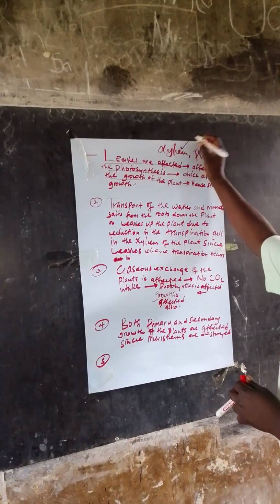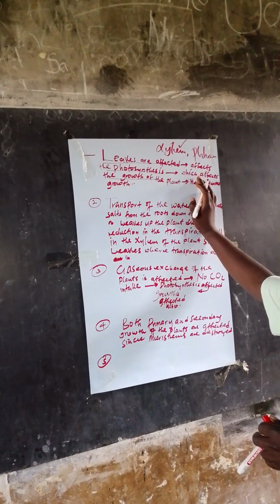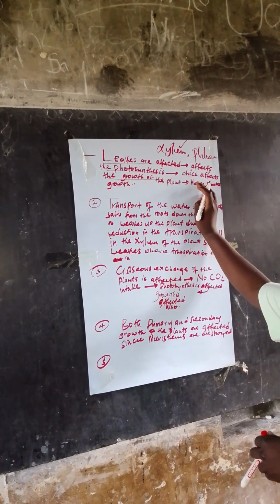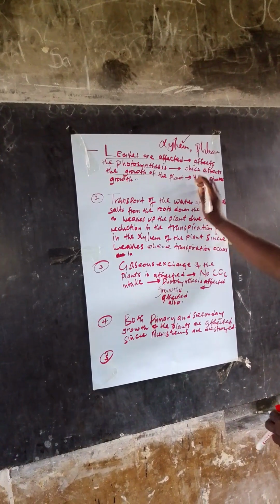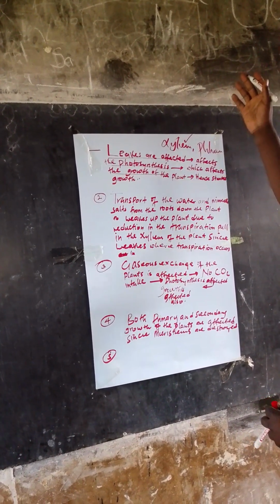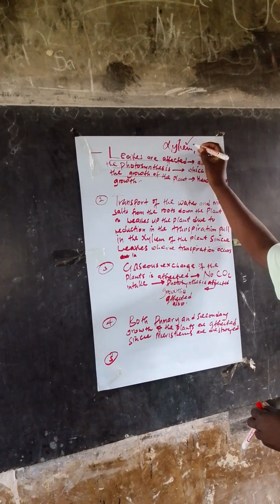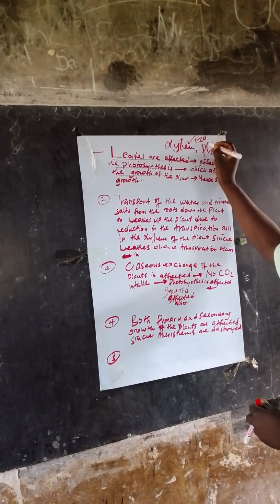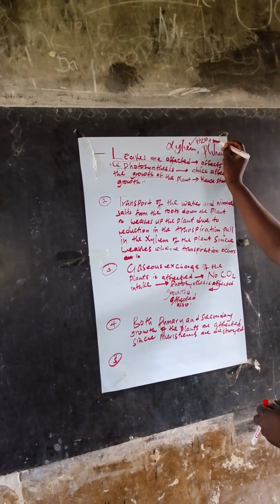Xylem is responsible for the transportation of water from the roots up the plant to the leaves. It transports water plus mineral salts.